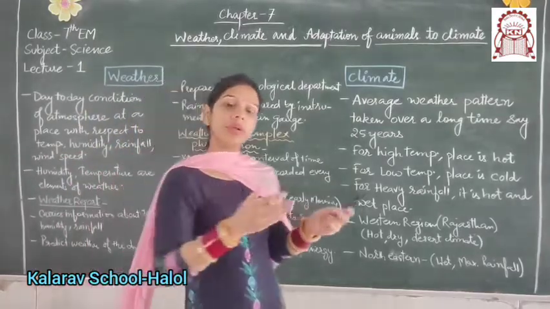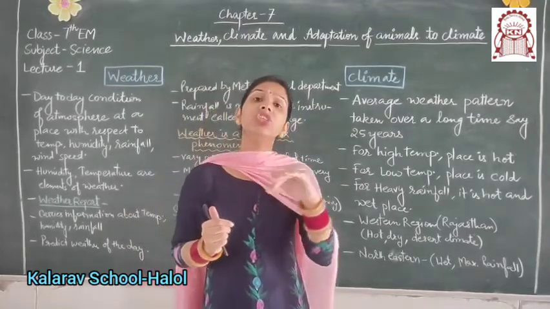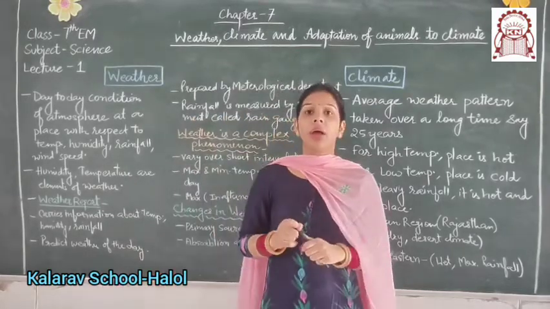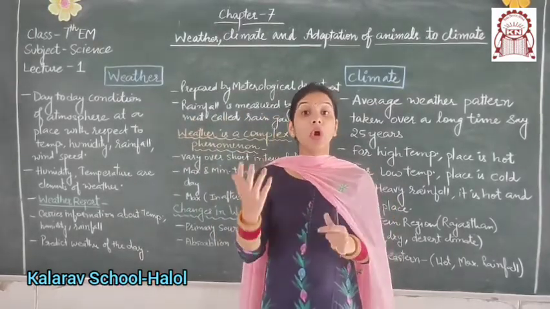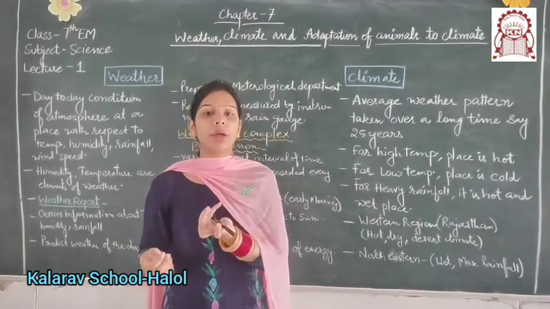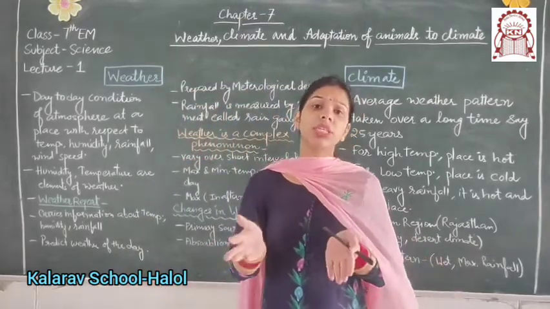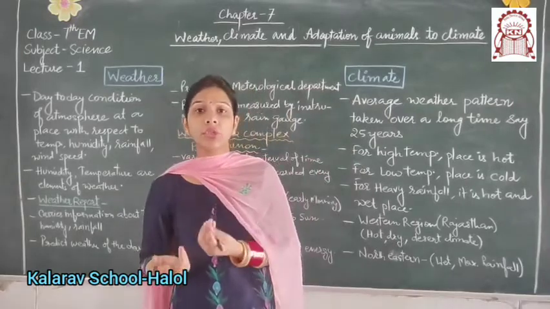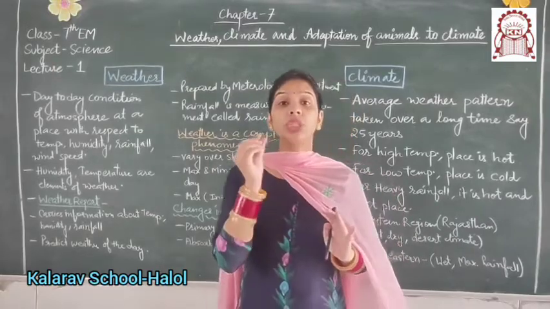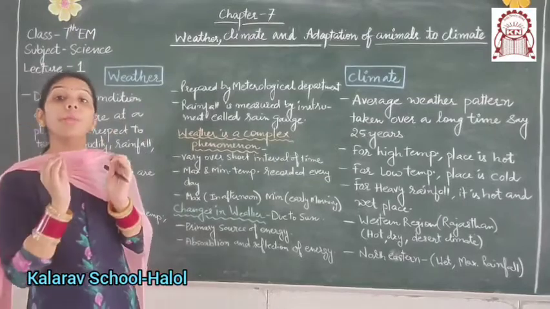In the morning there is a bright sun you can see. After that clouds appear or raining takes place, or sometimes the rainfall vanishes after a few minutes. So in this way weather can change continuously over a short period of time. So we can say that weather is a complex phenomenon.